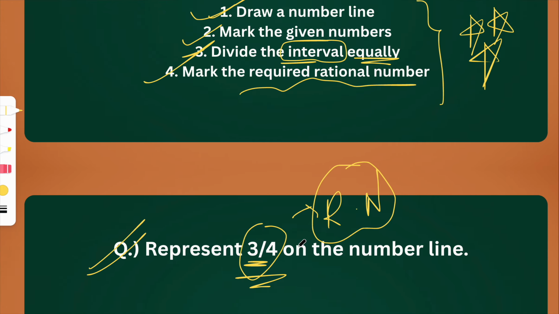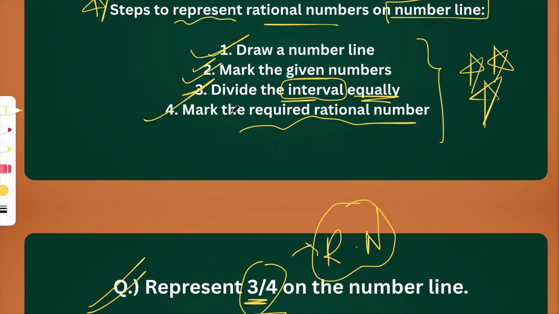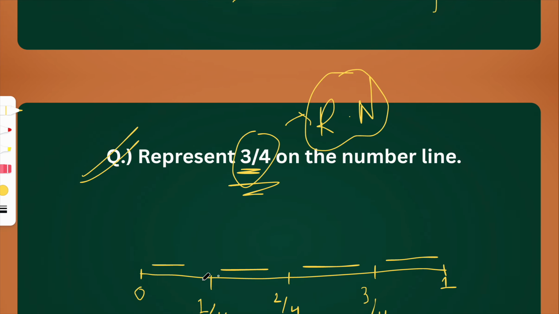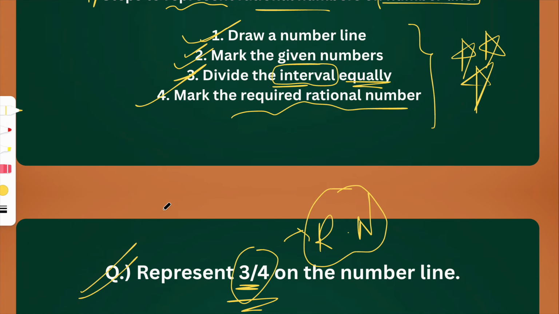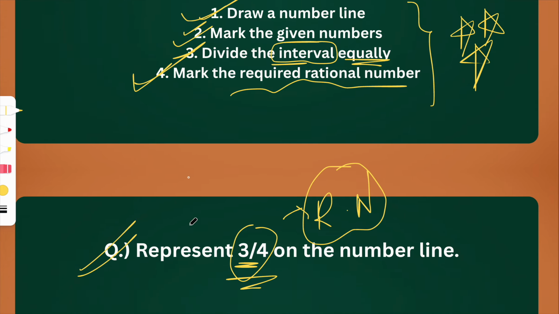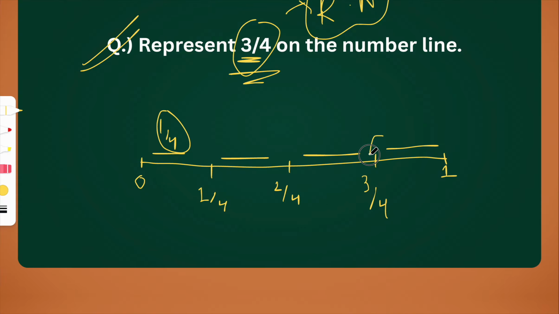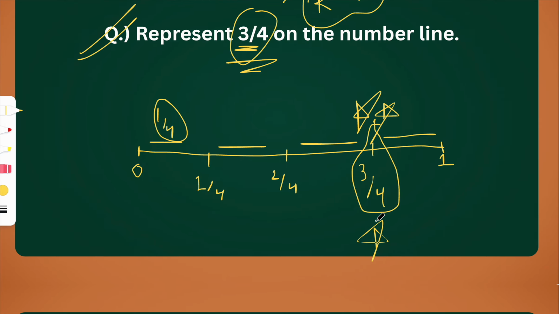I have marked the given numbers 0 and 1. I have divided the intervals equally. All the intervals are equal, all the intervals are of 1/4. And the last step, I have marked the required rational number, that is 3/4. So this is my answer of how to represent a rational number on the number line. Okay, it is very easy.